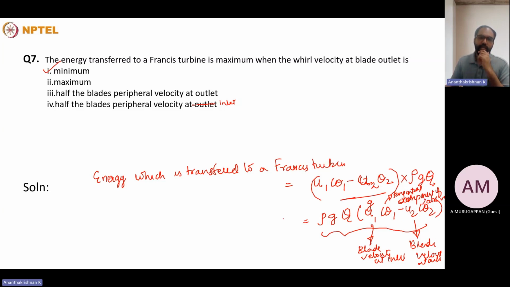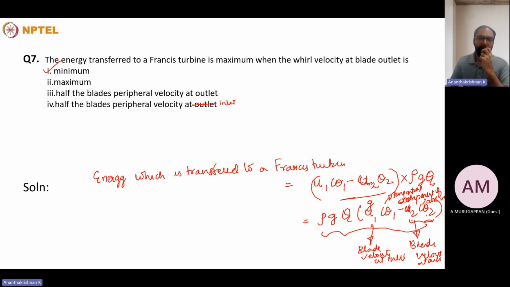So this energy which is transferred to a Francis turbine will become maximum when the second term becomes minimum. The only option by which it can become minimum is when C theta 2 becomes minimum. The U2 value is a constant we can't change because it depends upon the RPM as well as the radius at the outlet.